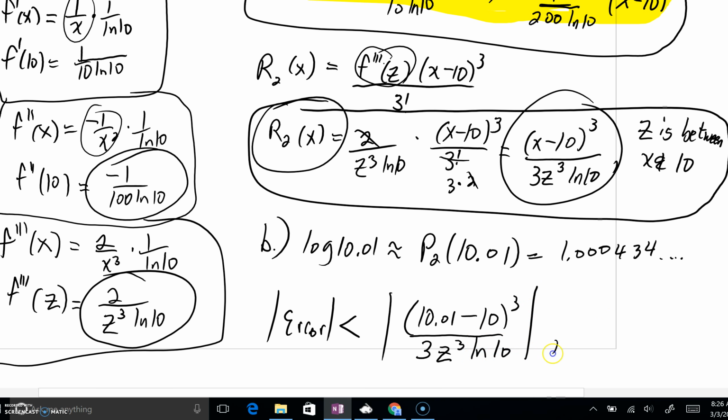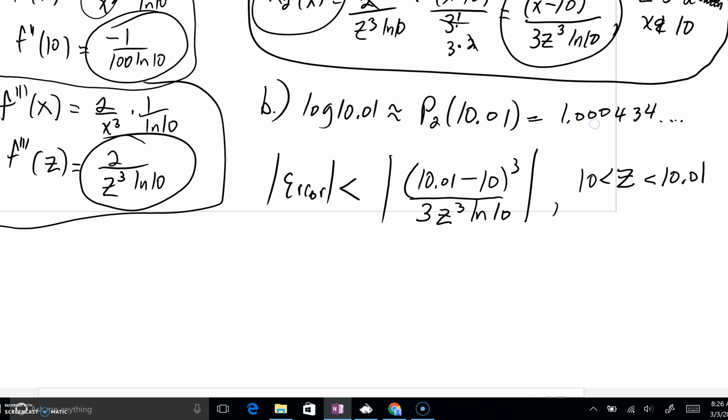And again, this time we can get even more specific. z is actually going to be between 10 and 10.01.